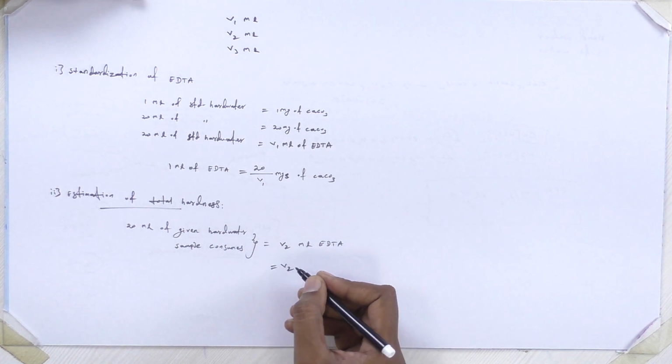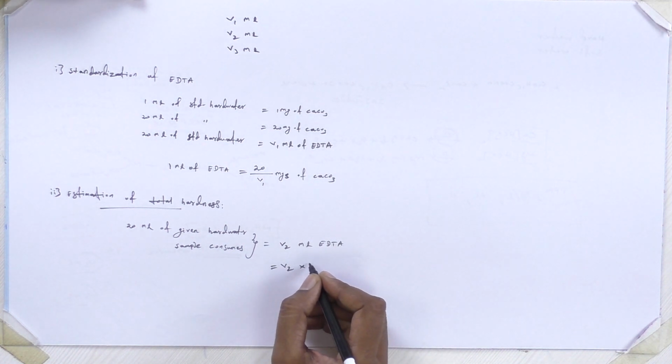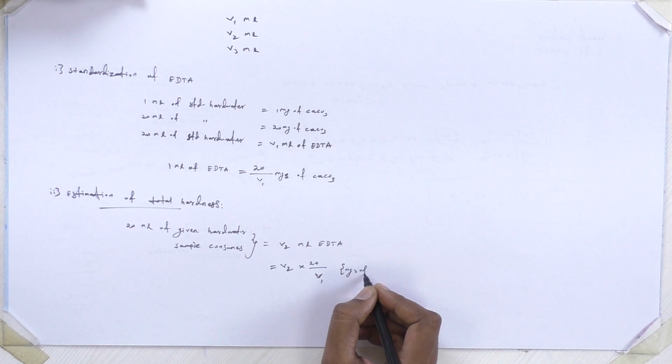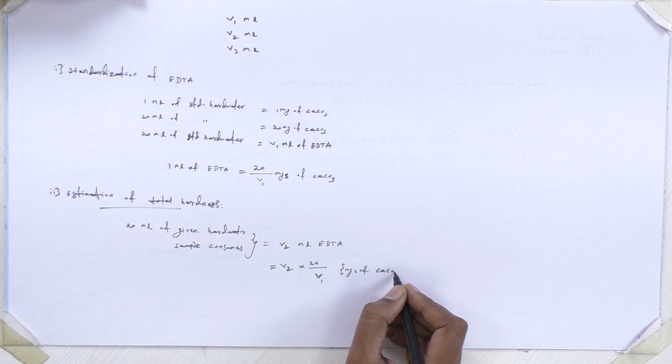So V2 into 20 divided by V1 milligram of calcium carbonate equivalents.